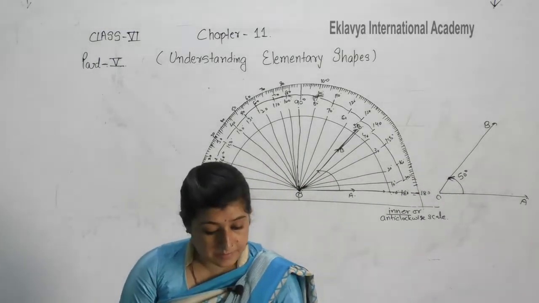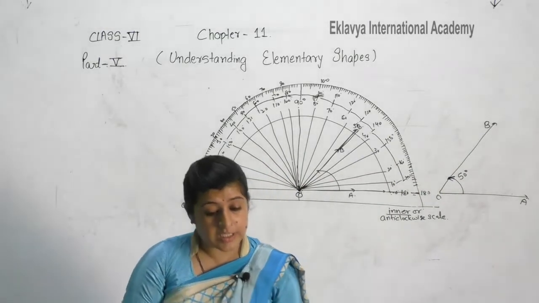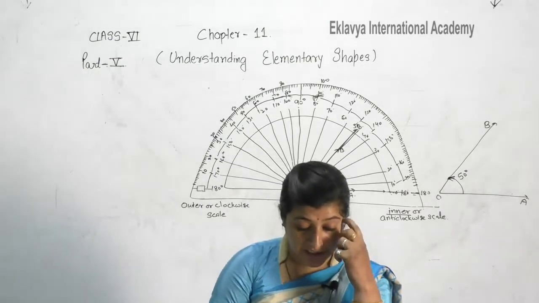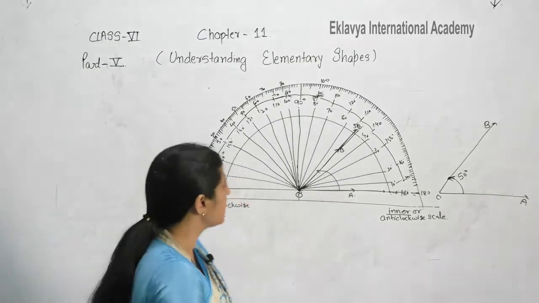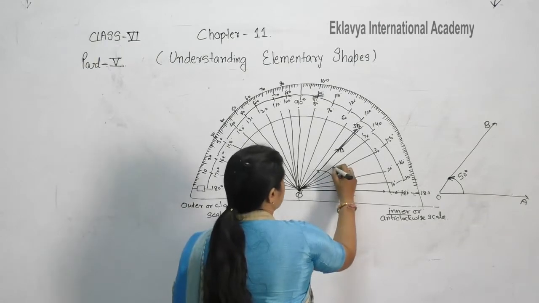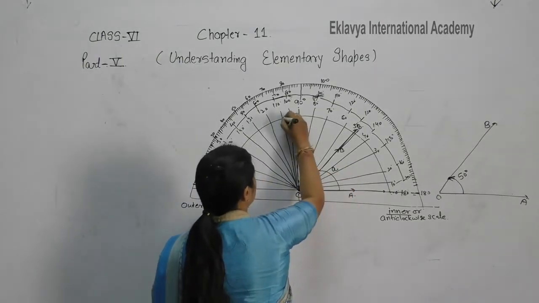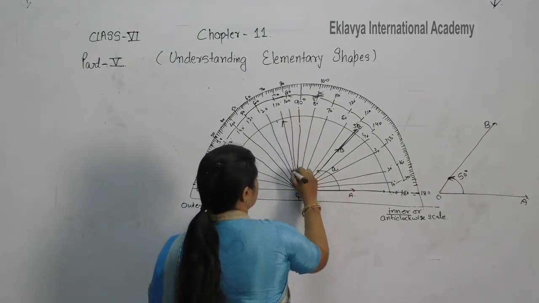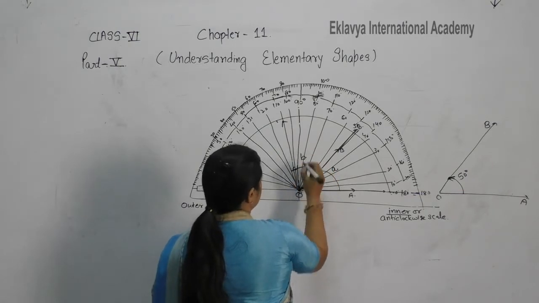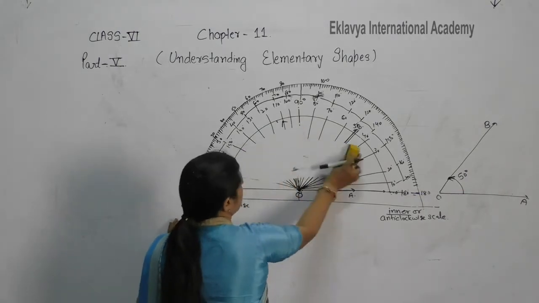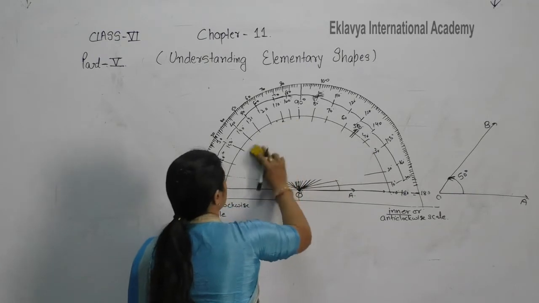Another example, see. Using the inner scale of the protractor, find the measure of angle A. Some angles are given to you, like this angle A, then suppose angle B. Okay, this one inner part.